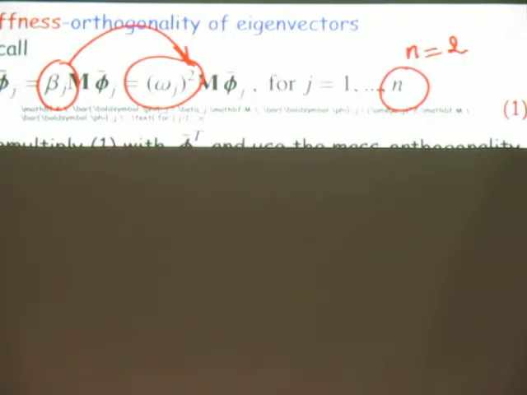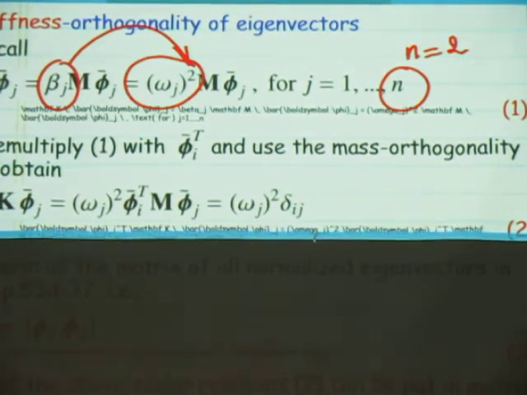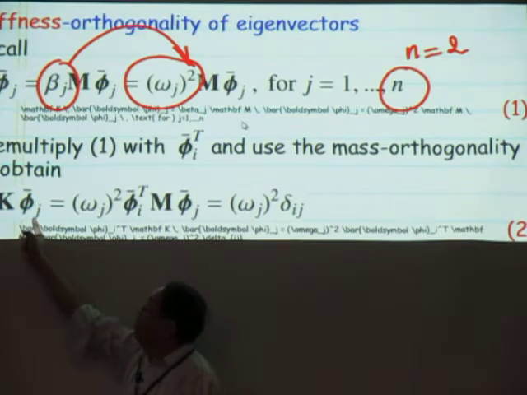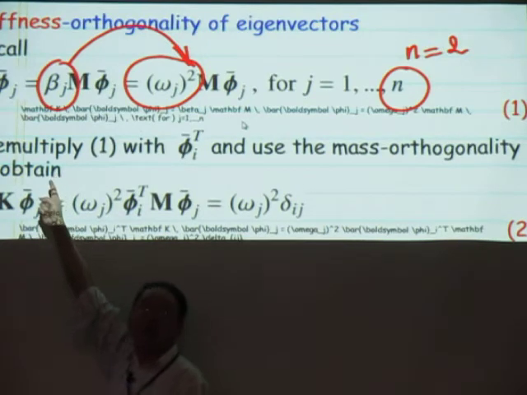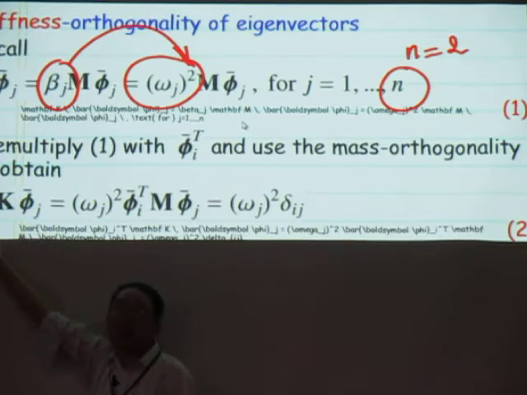All right. So this is nothing but a rewriting of the generalized eigenvalue problem. Now this is new. Pre-multiply throughout on both sides by phi transpose. That's why when I wrote the equation above, I used j, but when I pre-multiply, I use the index i.